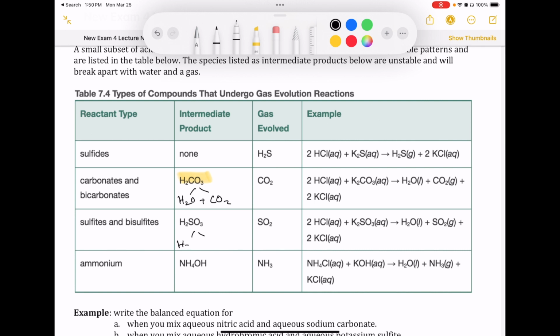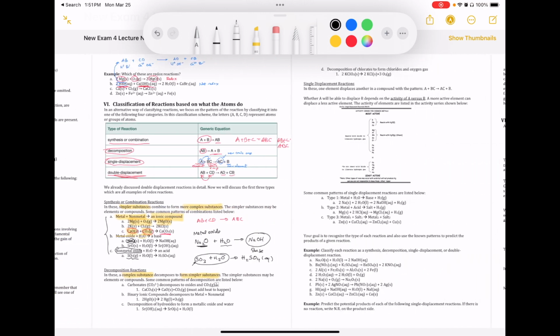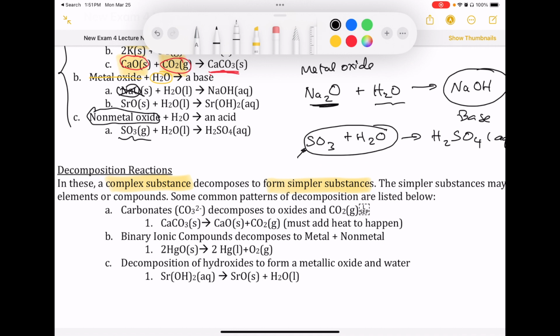H2SO3 would break apart into H2O and SO2. And NH4OH would break apart into NH3 and H2O. But the key here is that breaking apart. Everything starts from one thing, but then it breaks apart. They decompose, in other words. So those are all examples of decomposition reactions. You start with a compound and it breaks apart into two or more products.